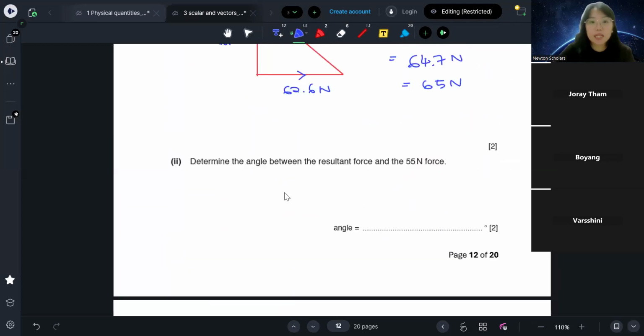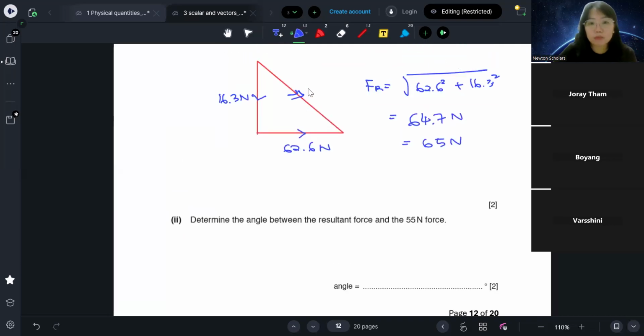Right, dear, I want the angle between the resultant. This is your resultant. And the 55. 55 is in this direction, so they want this angle. Can you calculate and then tell me?